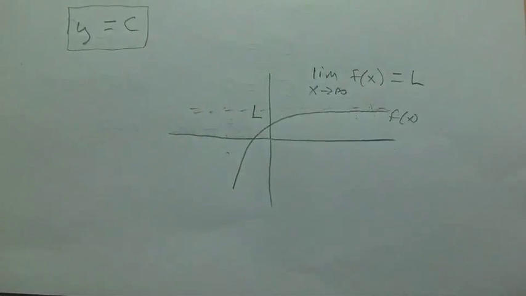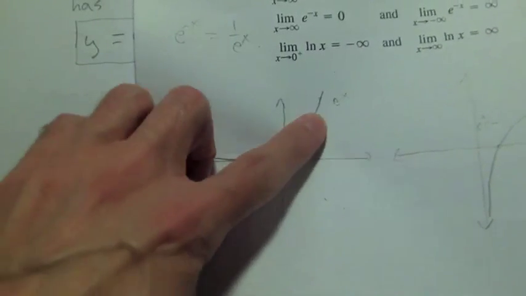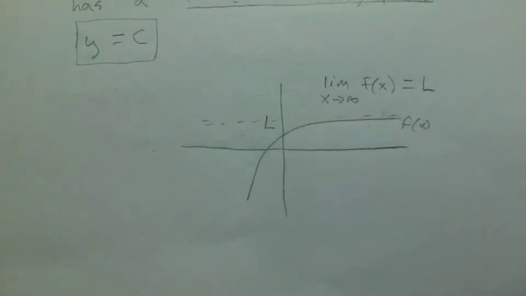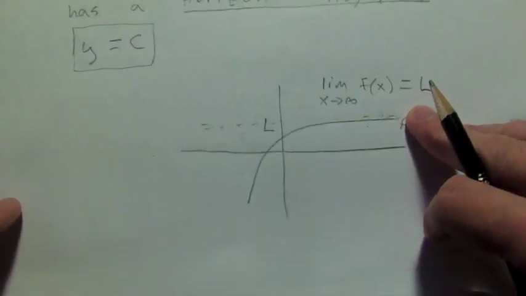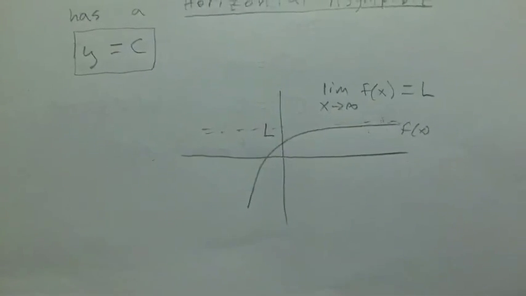And it doesn't have to be the same on both sides. With e to the x, if you remember the graph, it has an asymptote on one side, but not on the other. This graph I just drew has an asymptote on either side. And it's definitely possible to have two different asymptotes on either side.